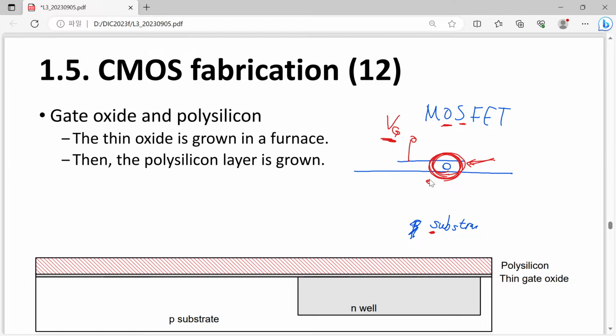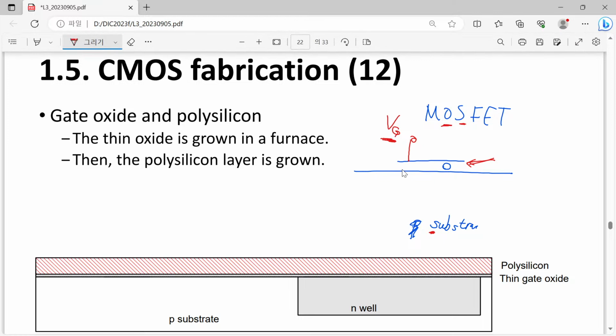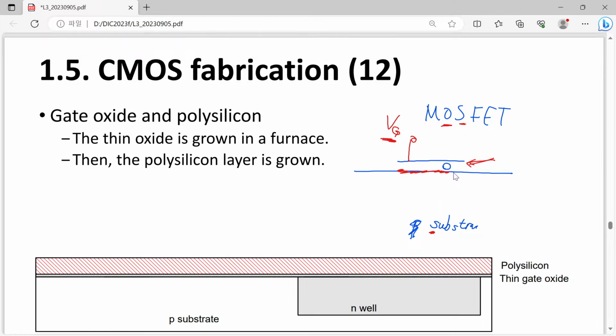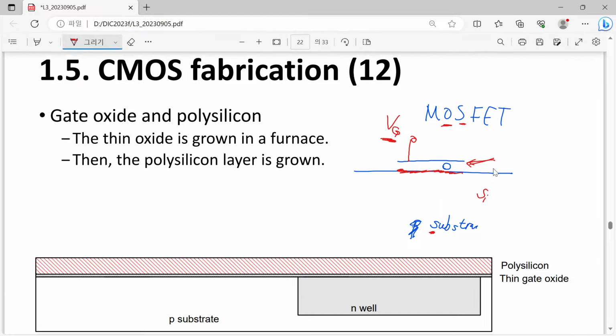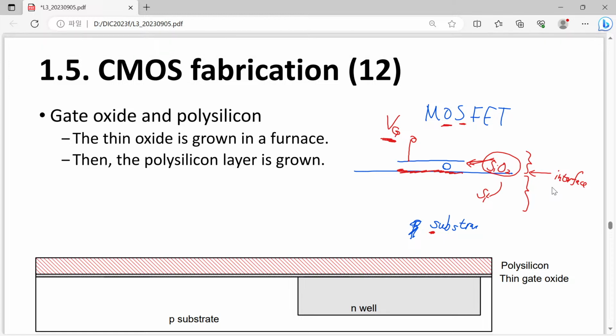Another quantity we have to keep in mind is, for example, here we have an interface between the silicon substrate and silicon dioxide. Although silicon dioxide is the oxidized form of silicon, they are different materials. So here we have one material and another material, and here we have an interface, and this interface must have many defects.